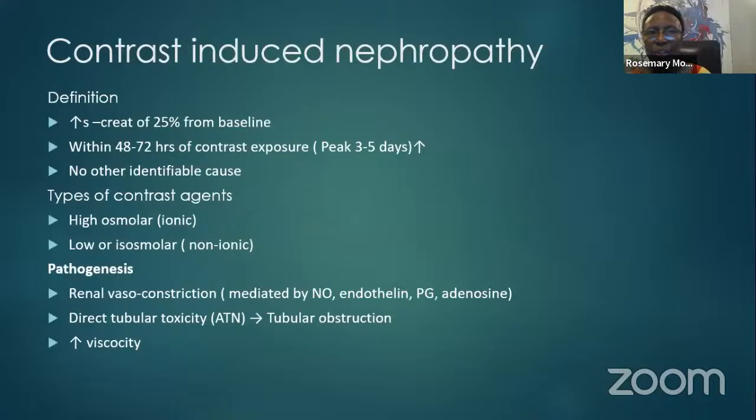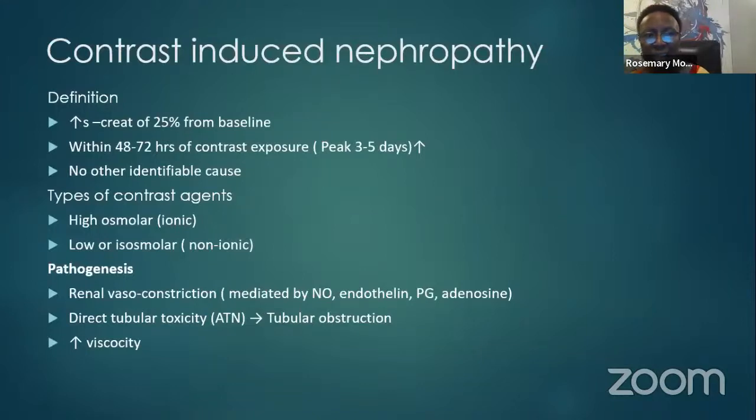A brief note on contrast-induced nephropathy, because most of us use it quite a lot and we send our patients for scan. So the definition is a rise in your serum creatinine of 25% from the baseline, and it happens within 48 to 72 hours of contrast exposure, and there are no identifiable causes.